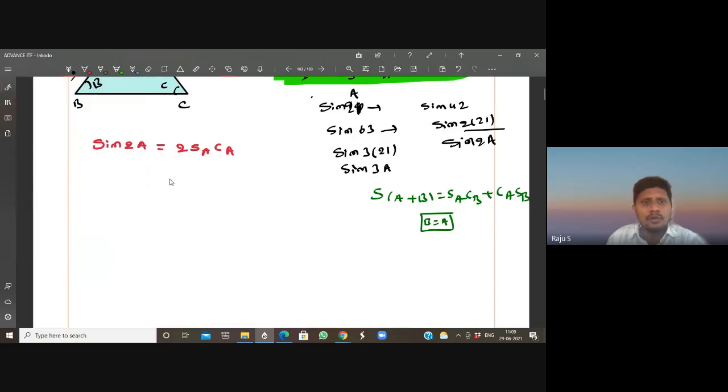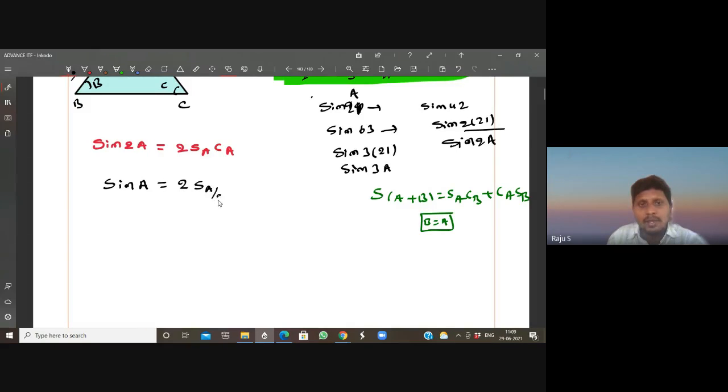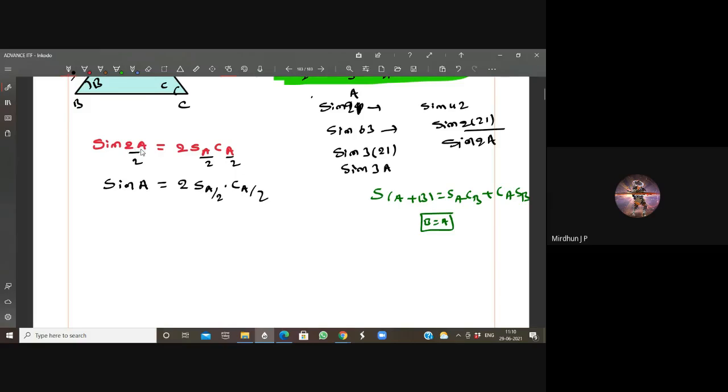And also from this, what is sine A alone? Sine 2A is 2 sine A cos A. Sine A is 2 sine A by 2 cos A by 2. See students, to get A, what I have done here: the 2A formula is there. With the help of this, I want to divide just the angle alone, not each and everything.